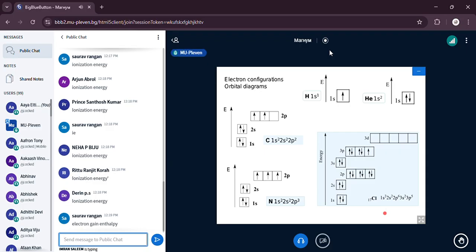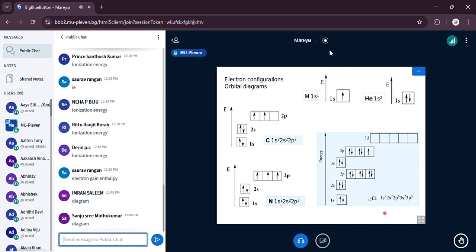In my opinion, orbital diagrams, because using orbital diagrams, we can have electrons distributed not only in subshells, but at each atomic orbital.